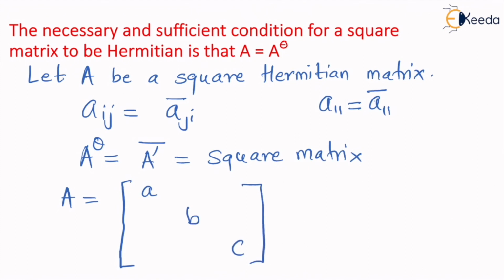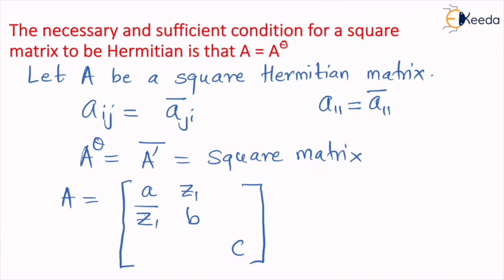Now let's look at the other elements. Let's say the element at the first row and second column is Z1, which is a complex number. By the definition of a square Hermitian matrix, the element at the second row and first column will be Z1 bar.